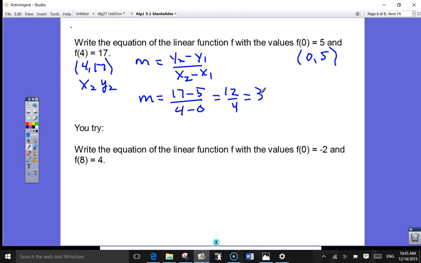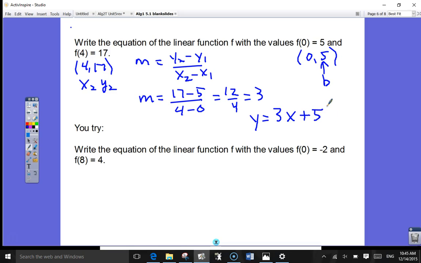And what is the value of b? The b is the y-coordinate when x equals 0. So now what is our equation? y equals 3x plus 5.